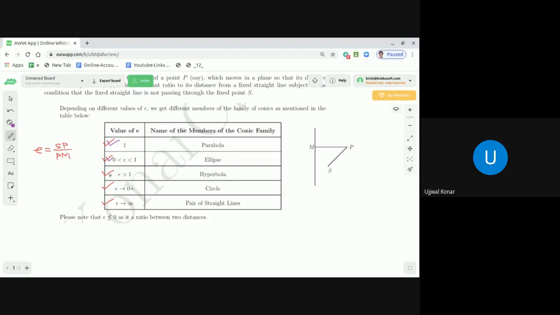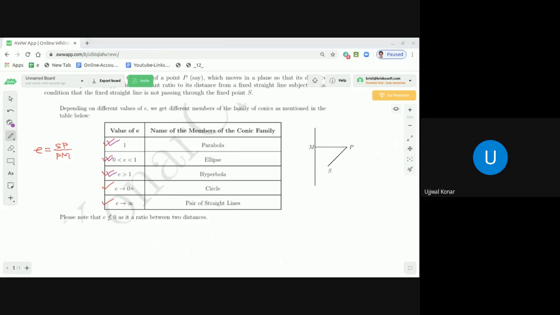And when the value of E is greater than 1, it is called a hyperbola. The other cases are for the sake of discussion of the values of E. But we will focus on these three curves, the names of the members of the conic family: parabola, ellipse, and hyperbola.